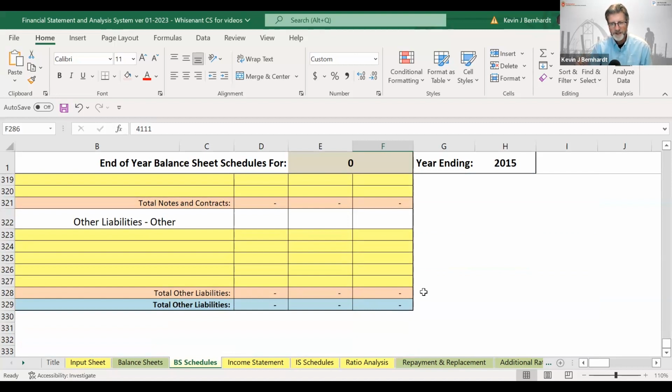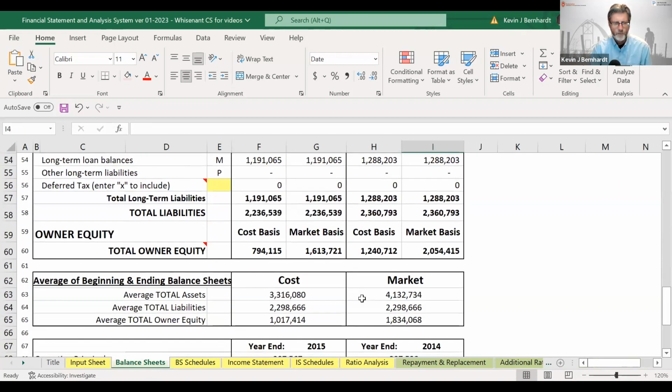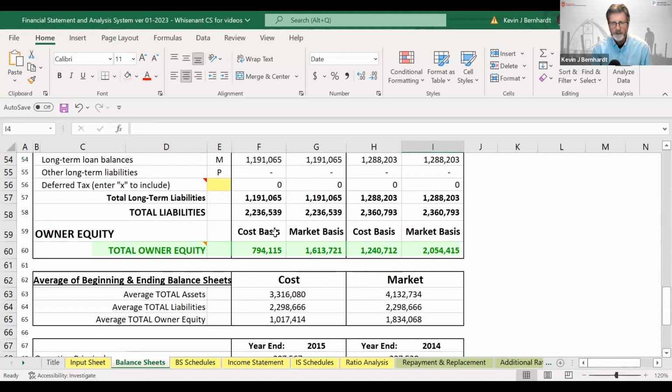In fact, that completes both the asset and liability sections of the balance sheet. There is that one last category of the balance sheet called owner equity. And I'll go over the balance sheet here, and it's one line at the very bottom. It's called owner equity. On the market basis balance sheet for this year, the owner equity turns out to be $613,721.